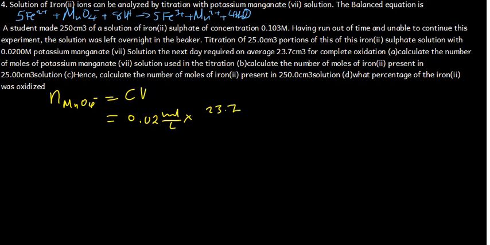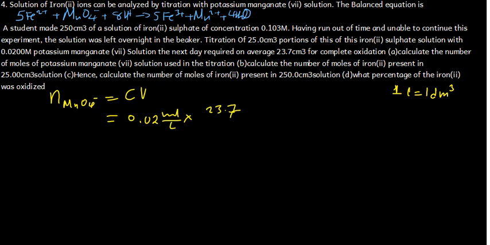Now this is in cubic centimeters. To convert these cubic centimeters to cubic meters or to liters, we need to know that 1 liter is equal to 1 cubic decimeter. So we want to convert these cubic centimeters to cubic decimeters.